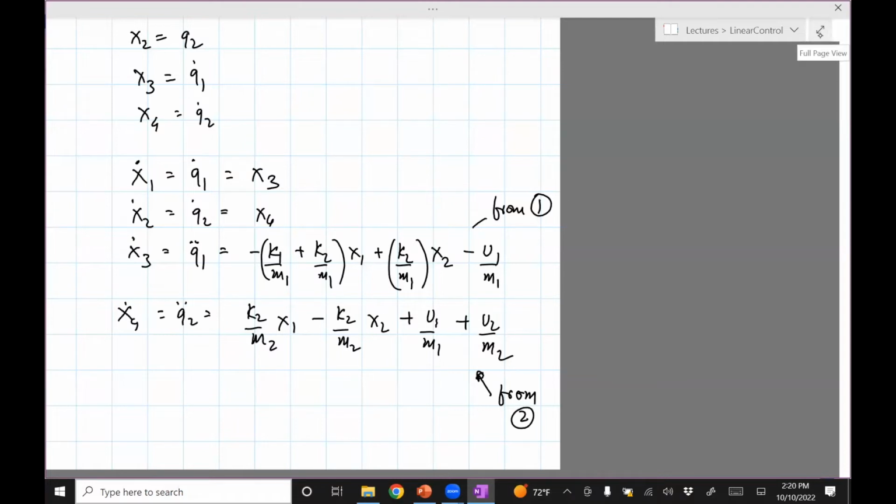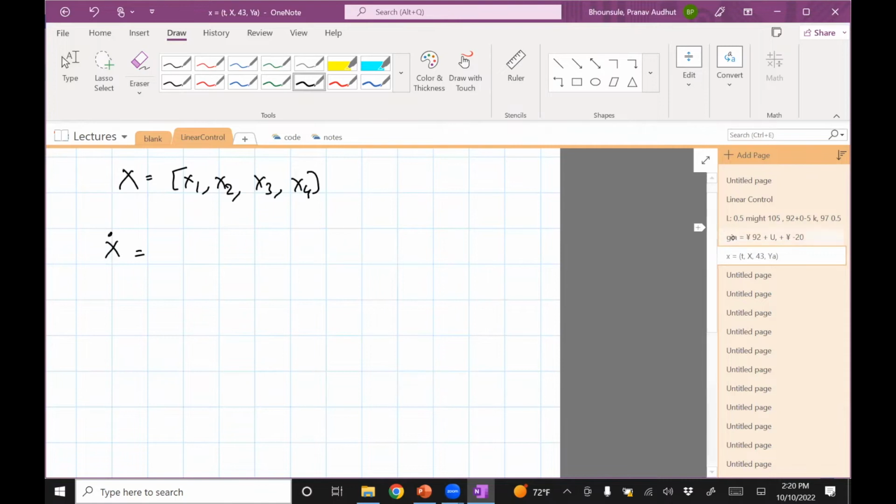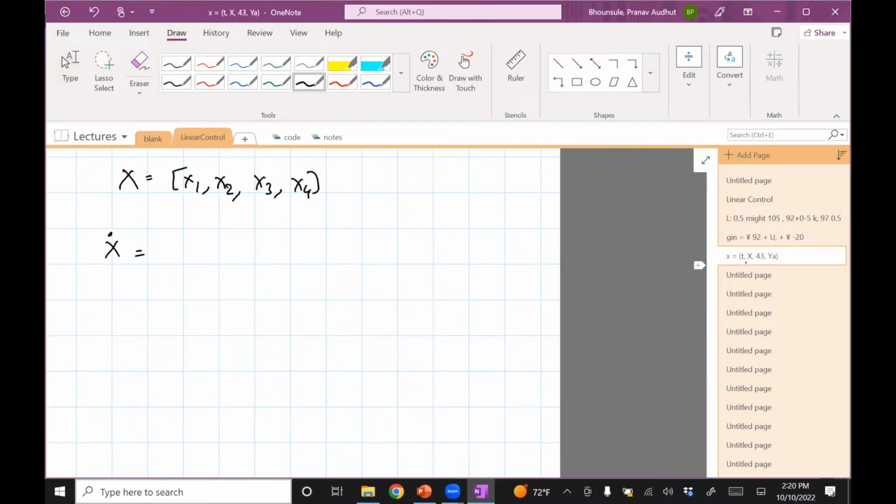So let's assume that capital X is x1, x2, x3, x4, and what we're trying to do is write an expression for x dot. For that, I need to look at these equations. So we have x1 dot equals x3. And so what we're getting to is we're trying to write a 4 by 4 matrix.